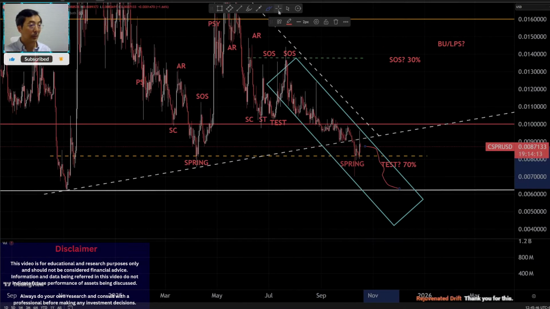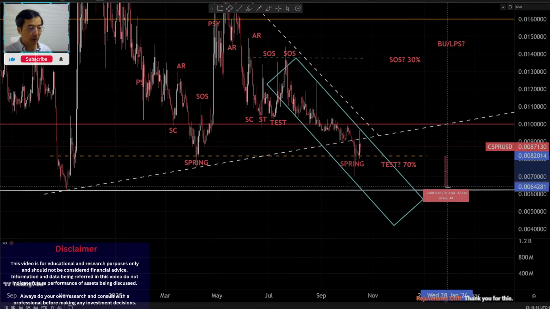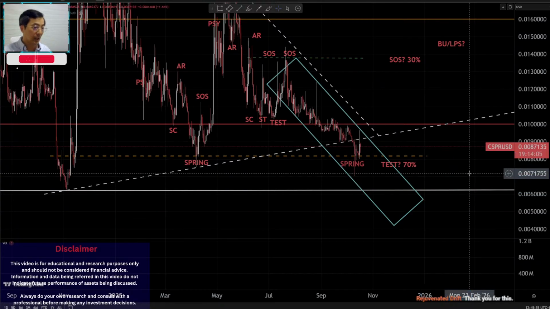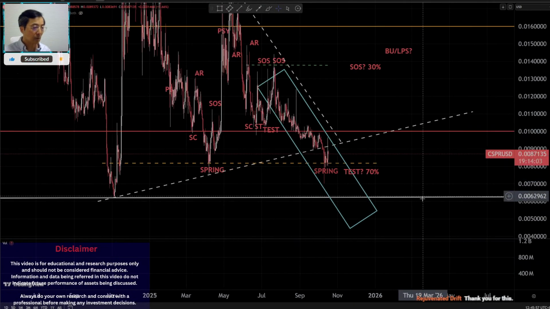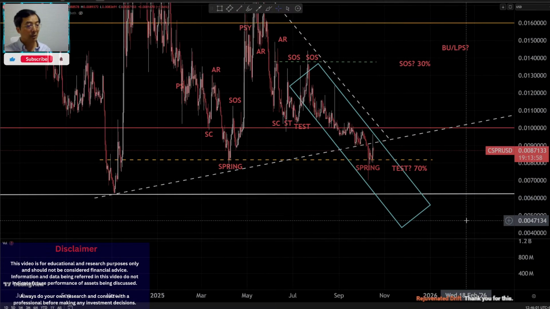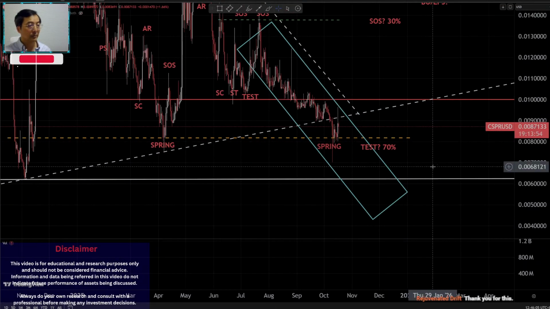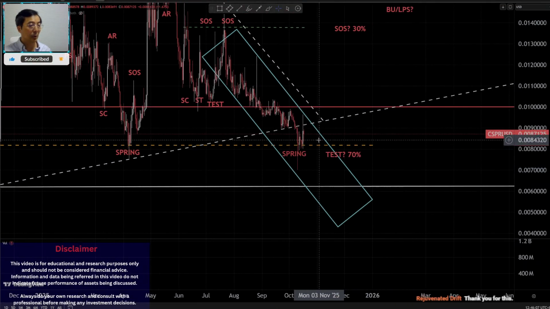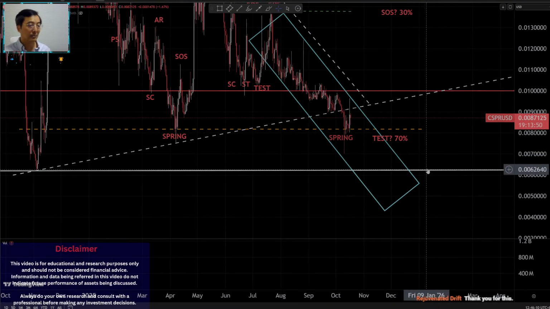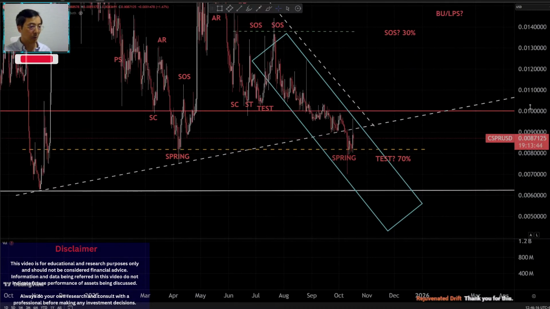So be prepared. From that point, I mean the orange line to the white line, that's another 24%. So if you have extra capital that you don't mind waiting, even if you bought in now and are suffering 25% waiting for it to come back up, that's your risk appetite.